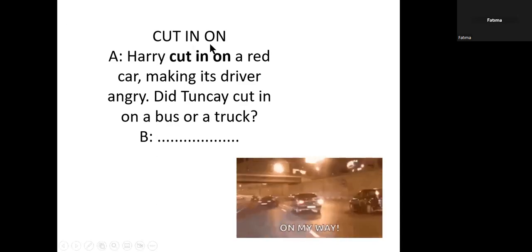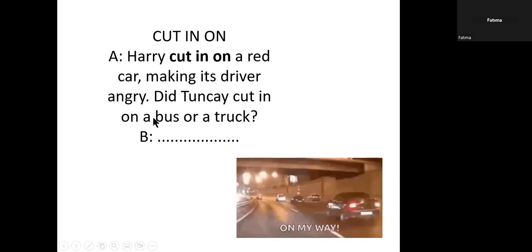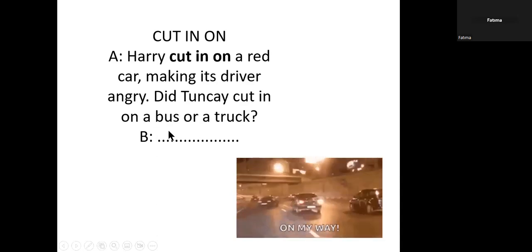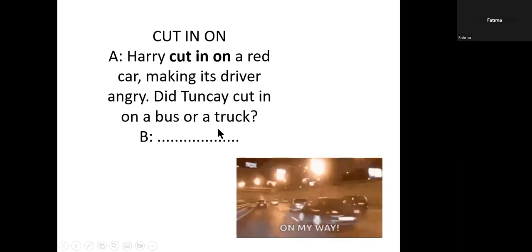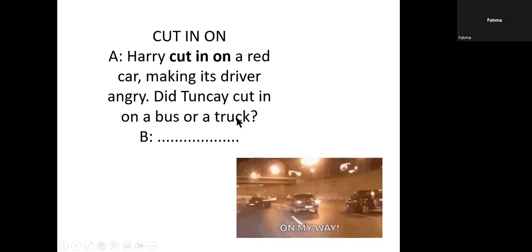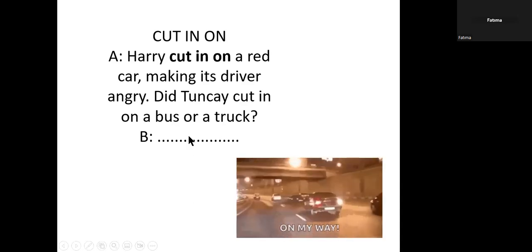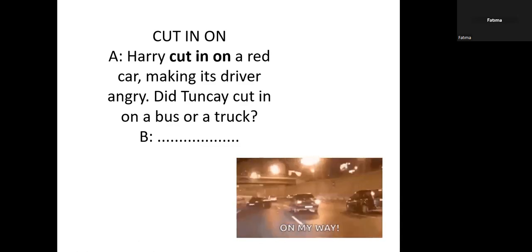Or by using cut in, Harry cut in on a red car, making its driver angry. Did Tuncay cut in on a bus or a truck? Yes, unfortunately, Tuncay cut in on a truck yesterday or last Monday.